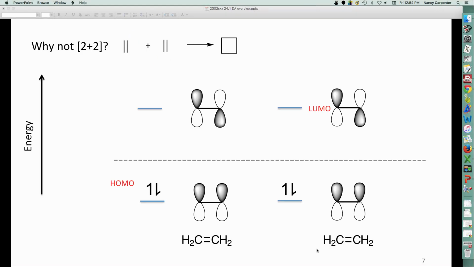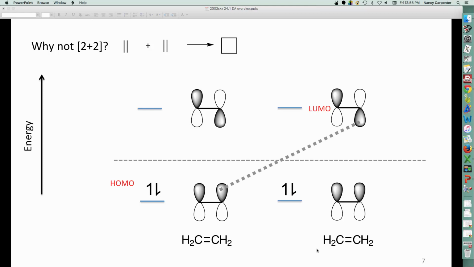That's why. If we look at the orbital energy diagrams again for our 2 reacting partners, our ene and our enophile, I guess that's what you'd call them, we're going to have to take the HOMO of one of the 2, and that's going to have to try and react with the LUMO of the other one. And you know what? That's not going to work.